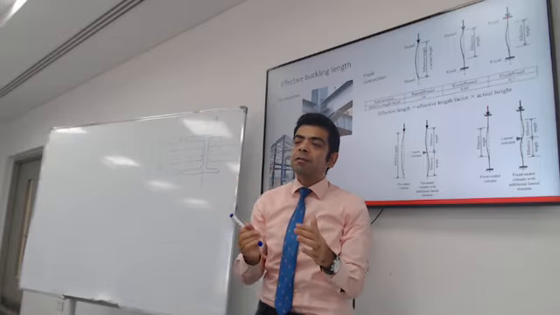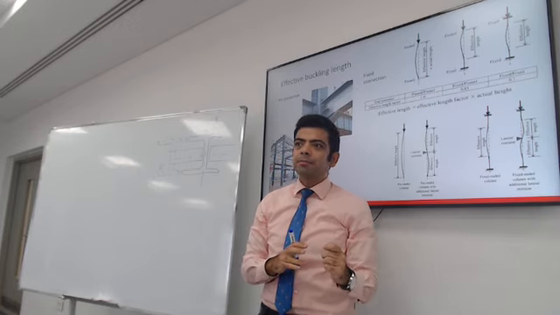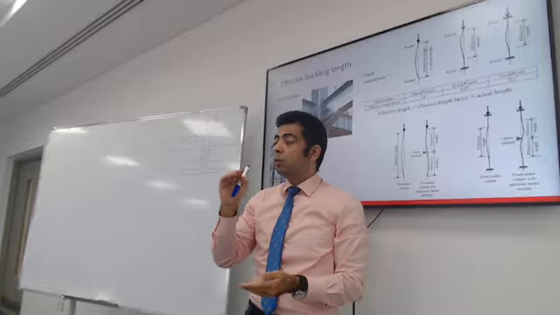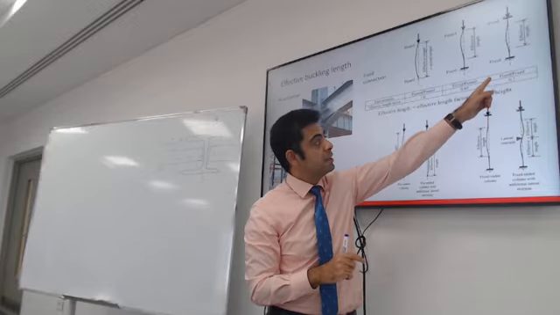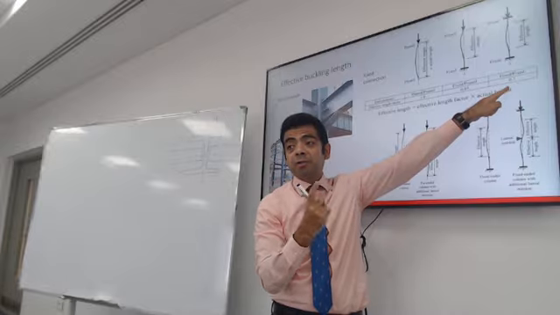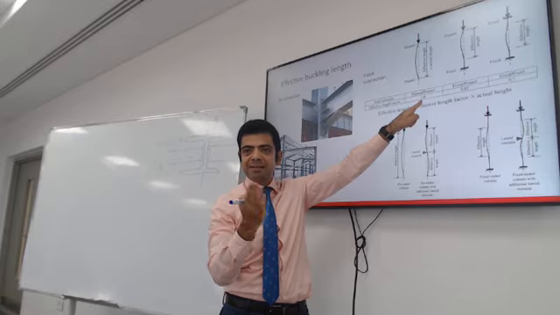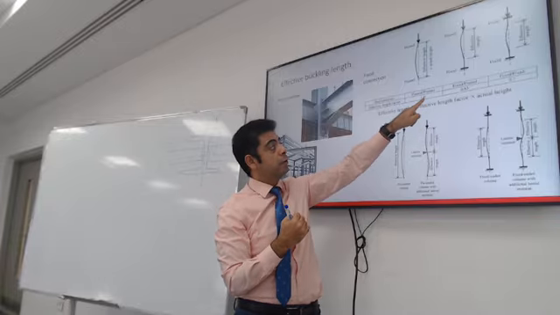So what's the influence of the support type on the unsupported length? Fixed support will make the unsupported length shorter. That's why for fixed, you reduce the actual length. For pin support, use the exact actual length. The effective length factor is 1.